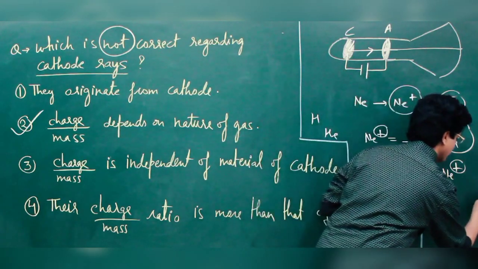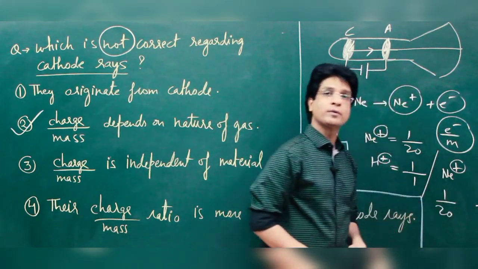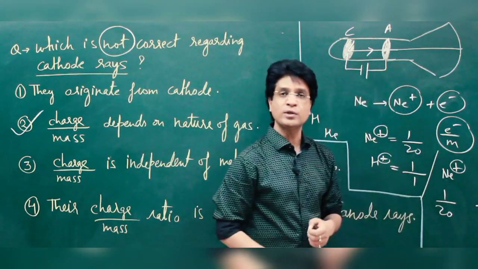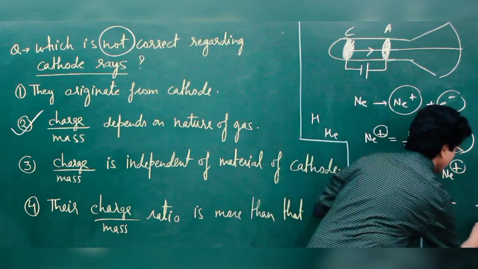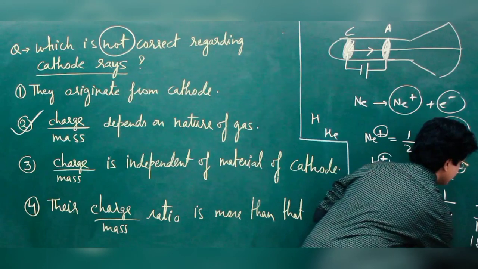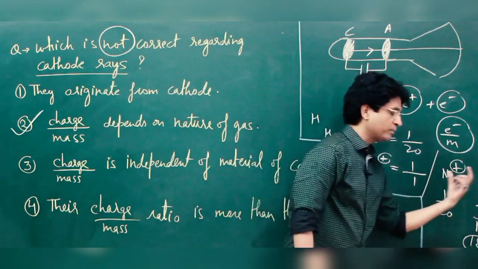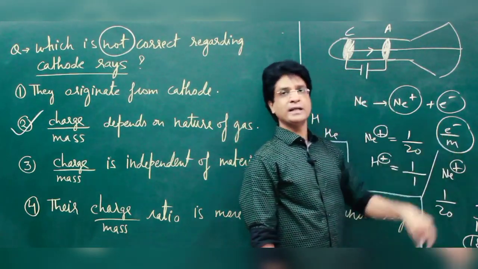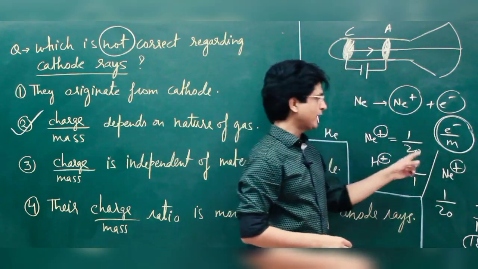For the electron the charge is 1, but you know that the mass of electron is basically 1 by 1860 times that of a neutron or proton. So this ratio will be almost 1860, which is very high. The charge upon mass ratio of electron is very high because mass of electron is very less. I hope that is clear.